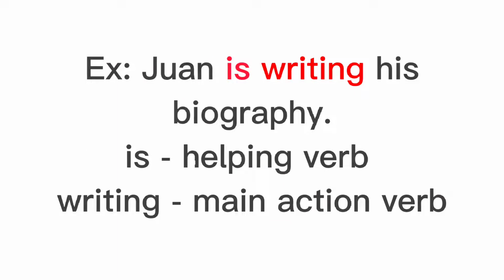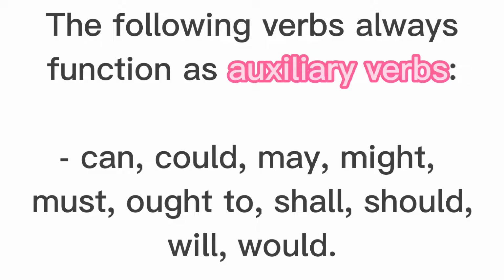Let's take this example: He is writing his biography. Is is a helping verb, while writing is the main action verb in this particular sentence. The following verbs always function as auxiliary verbs: can, could, may, might, must, ought to, shall, should, will, or would.